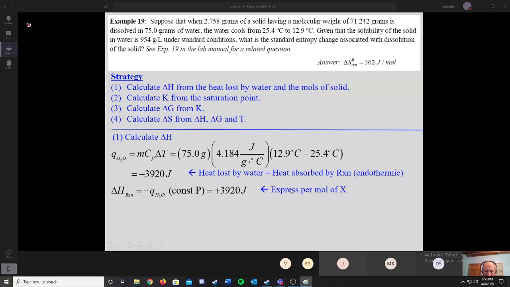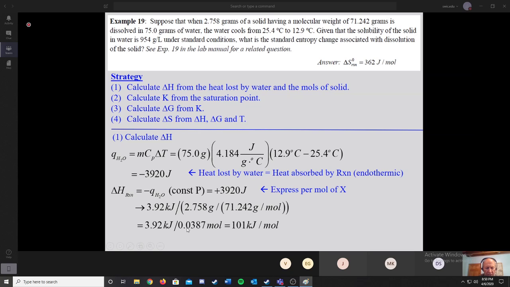So we need to find the number of moles. So the number of moles is the mass of the sample divided by the molecular weight, which is 71.242 grams, which is 0.0387 moles. So we divide all that and we get 101 kilojoules per mole. So that's what delta H is, 101 kilojoules per mole.